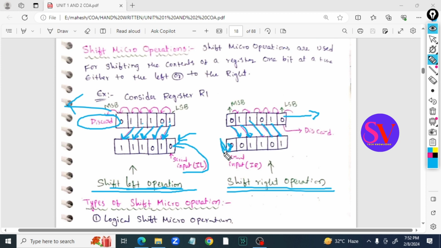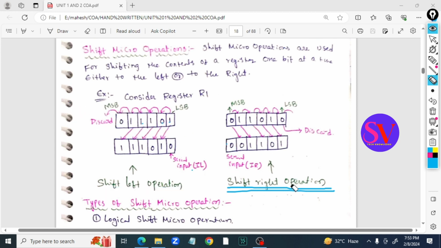That is called serial input IR. In the right shift operation, if you fill the MSB with 0, it is called IR, input right. And here it is IL, input left. So these are the basic shift right and shift left micro operations.